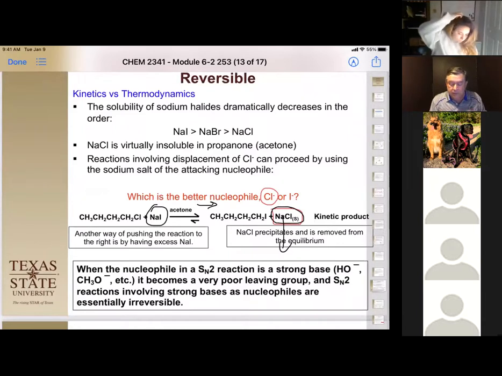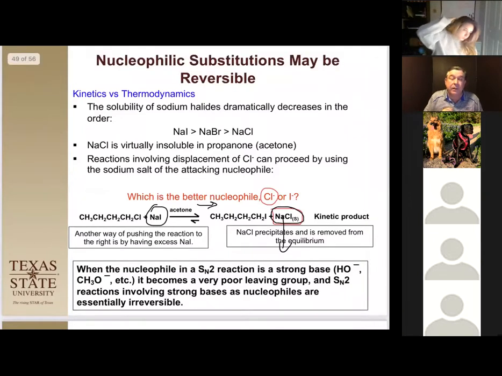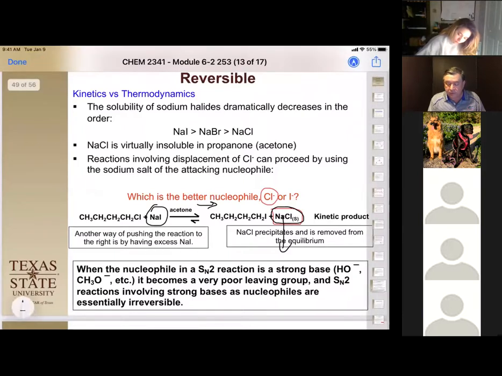So even though there's only a little bit of this back reaction, we've actually been able to form the kinetic product, the one with the weaker base, the one with the weaker nucleophile, because we're removing the other nucleophile from the reaction.